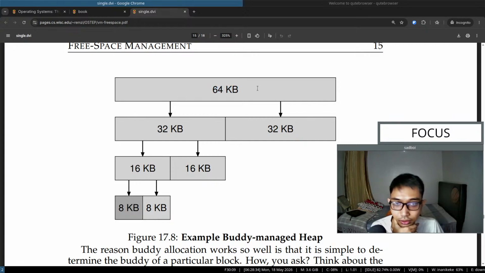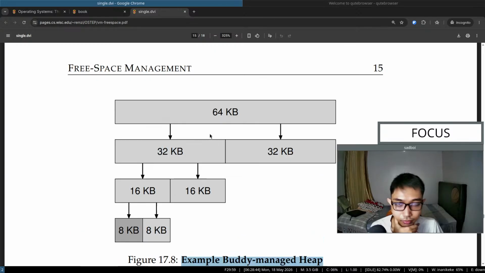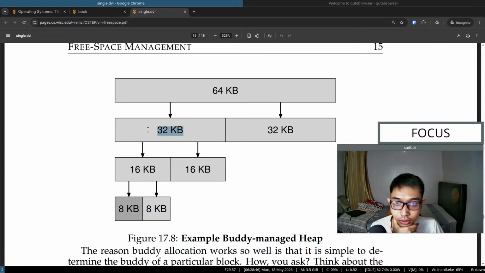Okay, this is figure 17.8, example buddy managed heap. Divide this by 2 and then divide again and then divide again.